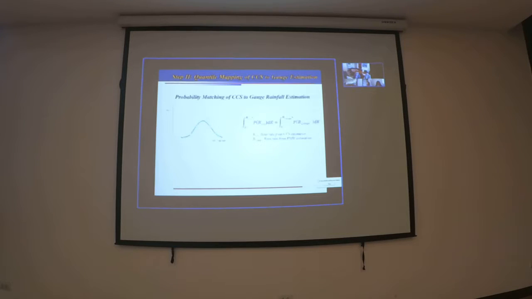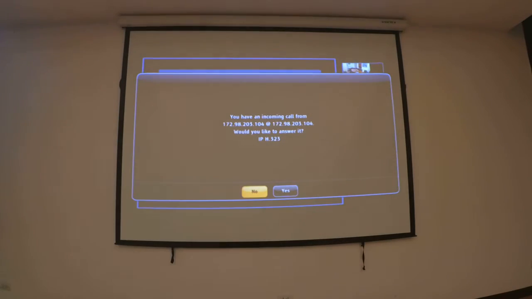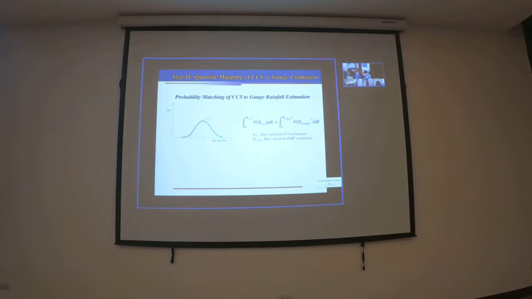And then the second step is that we match the distribution from our estimates to the gauge estimates. The concept is just like this. Take, say, a 1 degree by 1 degree box, where we have collected a lot of samples. The green curve, as you can see on the left-hand side, is the probability distribution of our estimates, and the gauge has its own distribution.